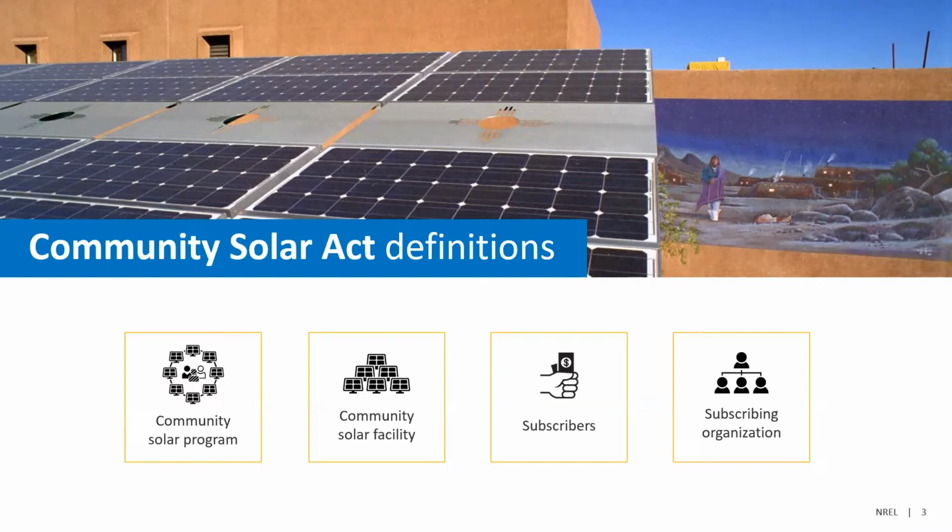Subscribers to the facility will receive a bill credit for the electricity generated in proportion to the subscriber's share of the facility's kilowatt hour output. And of course, the subscribing organization, the organization who owns or operates the solar facility. Under this act, it can be a utility, municipality, a county, nonprofit, for-profit, and an Indian nation, tribe, pueblo, or tribal governance structure.